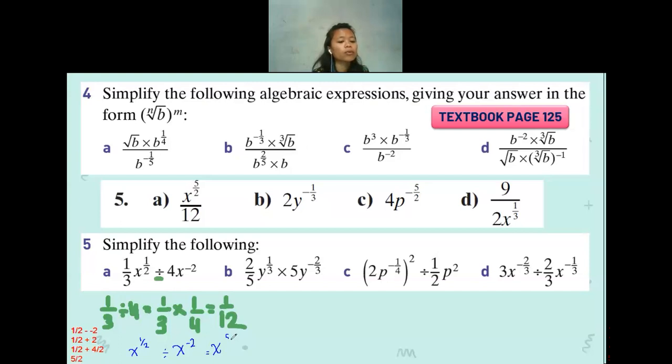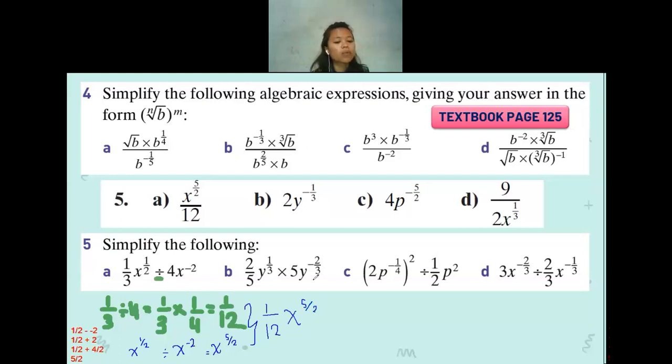So now when we are going to find the final answer, we can combine the numbers and the letters. So we have one-twelfth times x to the power of 5 over 2. And then usually we can simplify the denominator and the numerator.